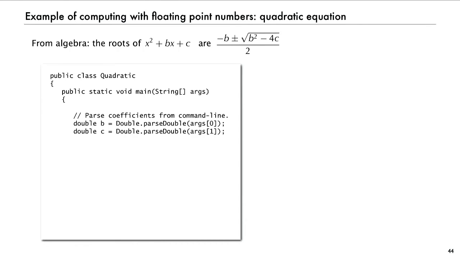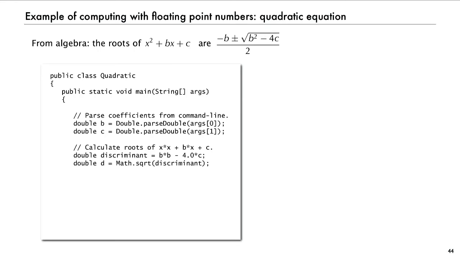So we take the two things from the command line and put them in b and c, and then we do the quadratic formula. So first we compute b squared minus 4c. That's going to be a value of type double that we call discriminant, and we write the expression b squared minus 4c. A lot of times when we're computing with doubles and we have constants, integer constants even, we write 4.0 rather than just 4, just to make sure that it's a double literal.